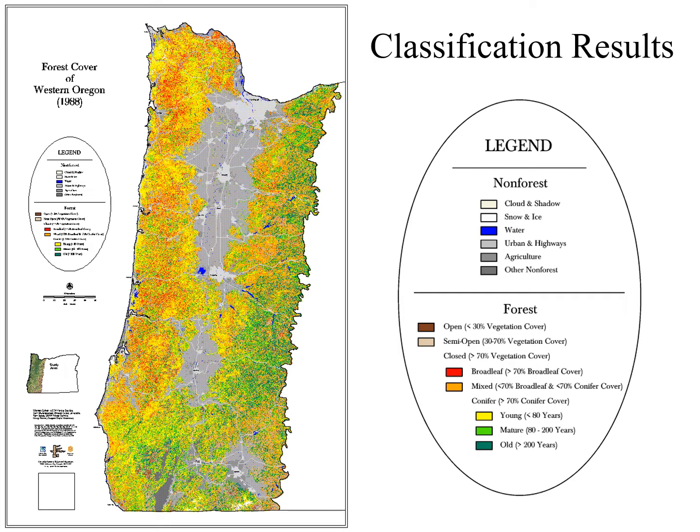We have mixed forest, so between 70% broadleaf and 70% conifer cover. And then among conifer covers, and this was the really important part of the analysis, young forest, mature forest, and old growth forest. And it was that old growth forest that they were most interested in.